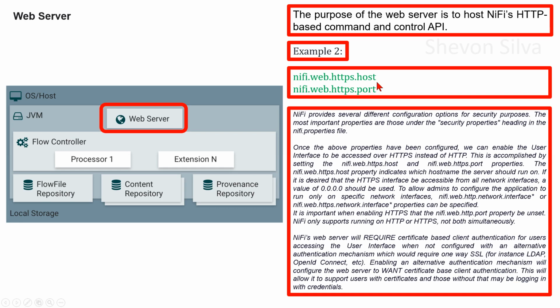The nifi.web.https.host property indicates which hostname the server should run on. If it is desired that the HTTPS interface be accessible from all network interfaces, a value of 0.0.0.0 should be used.